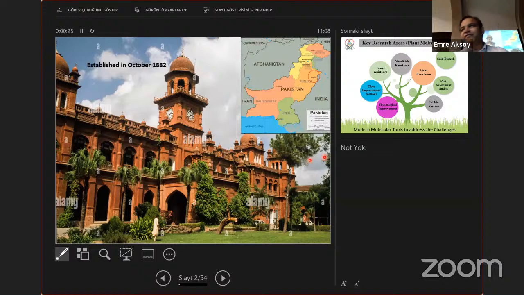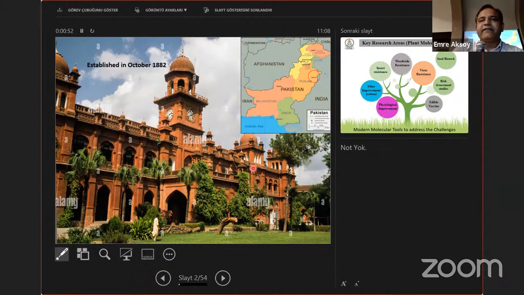The university was established back in 1882, when the British were ruling this part of the world. My Center of Excellence is a part of this university and is funded by the Higher Education Commission, Islamabad. My director, the next speaker, will introduce that center to you.